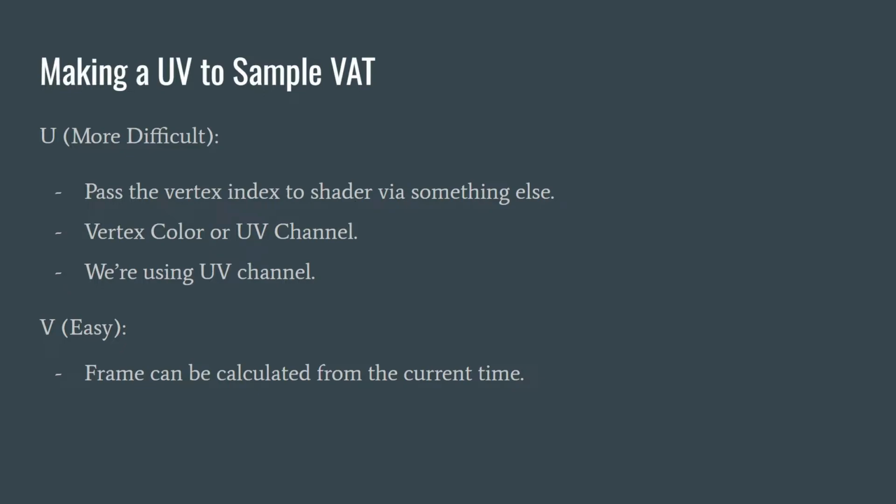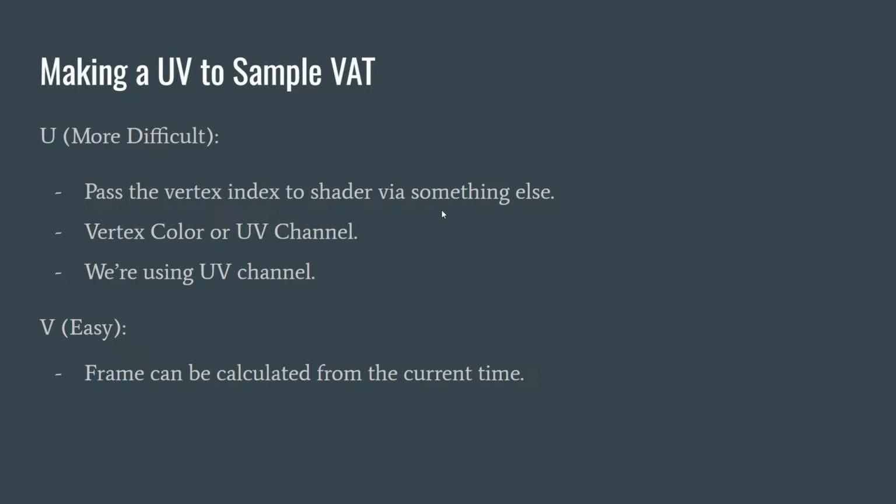In Unreal, unfortunately, it's not quite as straightforward, because in a lot of engines, I think Unity does, the vertex index is provided in a shader, so you can directly access it and plug it into the U of our UV coordinate. But Unreal doesn't supply this, so we need to pass the vertex index to the shader via something else.